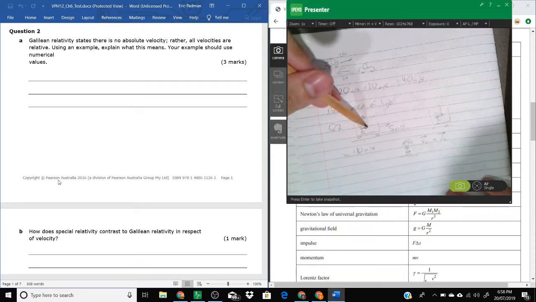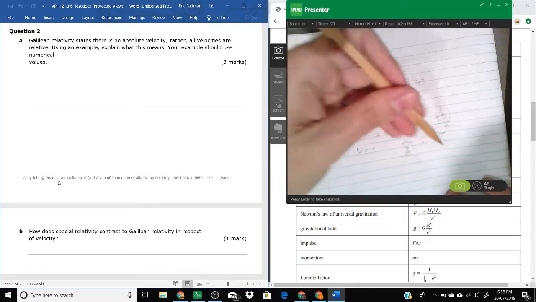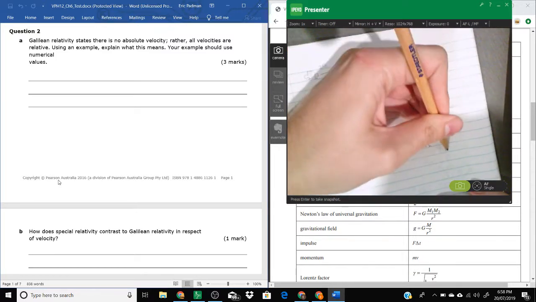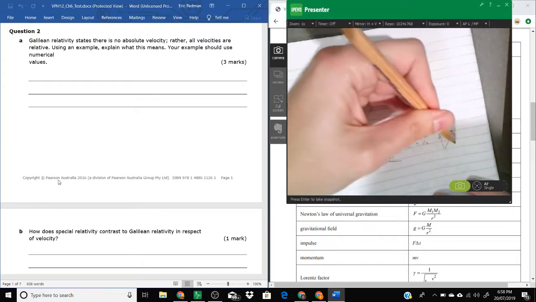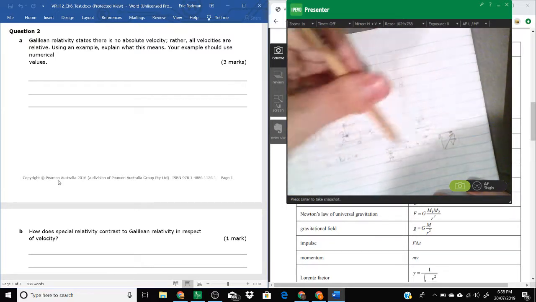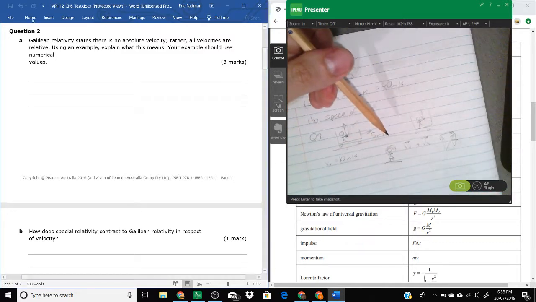So at least initially, what she's observing is 10 meters per second up plus 5 meters per second this way. She observes that velocity here. So that's the total velocity. That's what she observes. So that is an example of that.